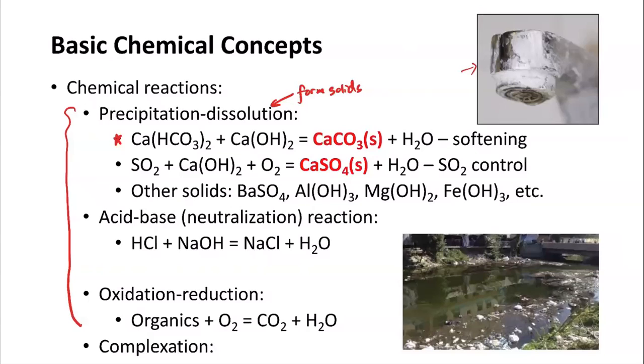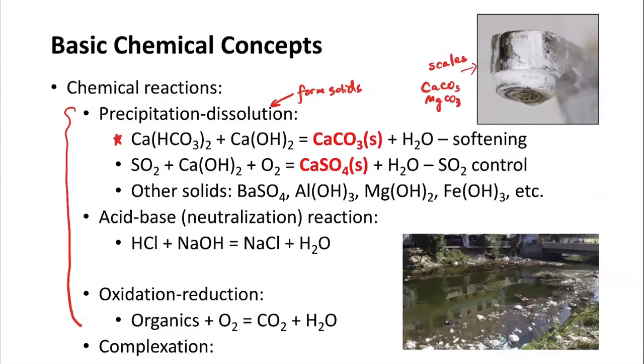Sometimes you can see that there are some white residues on your faucet or on your bathtub, right? What we also call them are scales, right? Basically their major composition is calcium carbonate or magnesium carbonate.